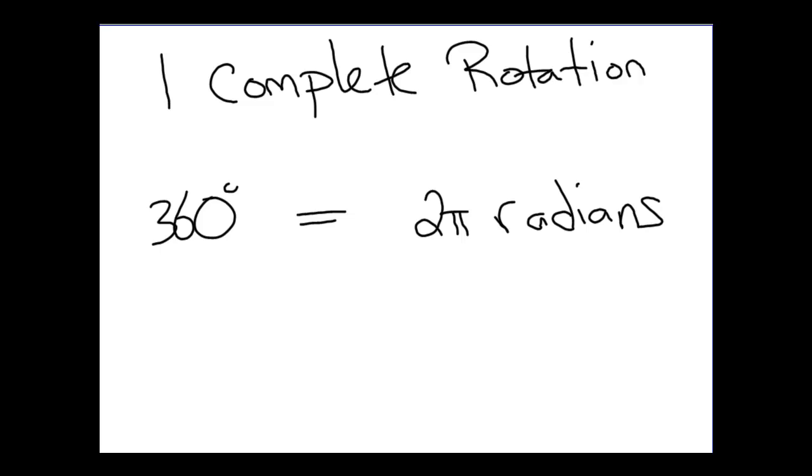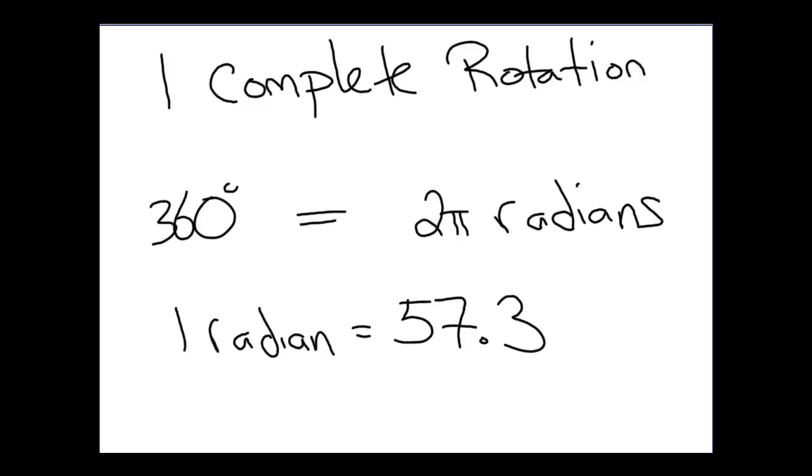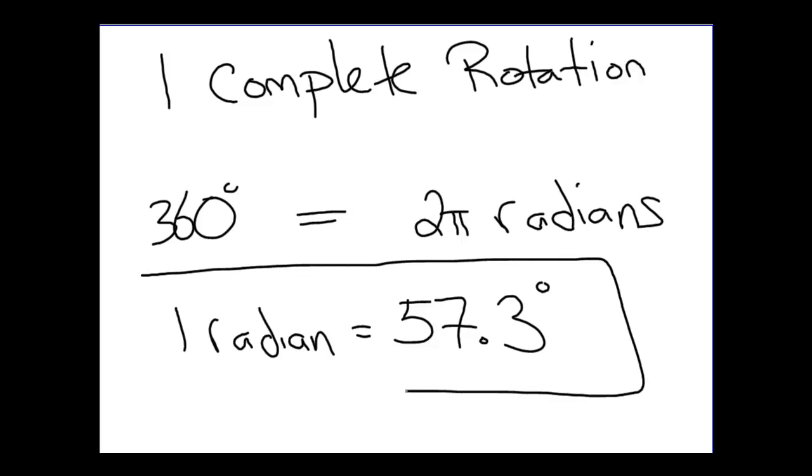So what that means for us is that we can do a conversion now, and we can talk about how these two things are related. And in fact, what we can do is we can say that 1 radian is equal to roughly 57.3 degrees. So 1 radian, 57.3 degrees. This is a useful conversion. There are other ways to convert as well.